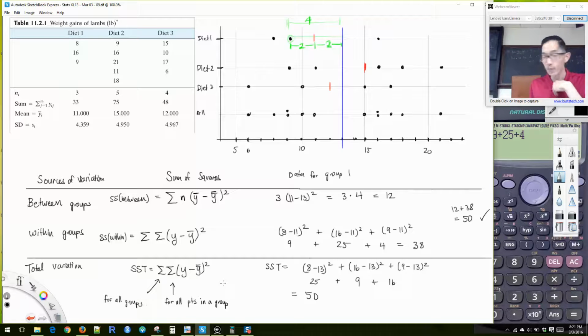I'm not going to mathematically prove this to you, but I'm hoping this kind of illustration satisfies your question, do these things equal? If we calculate our SS between and our SS within correctly, we can just add those two together and know that's our sum of squares total.